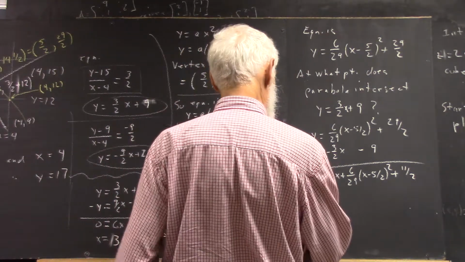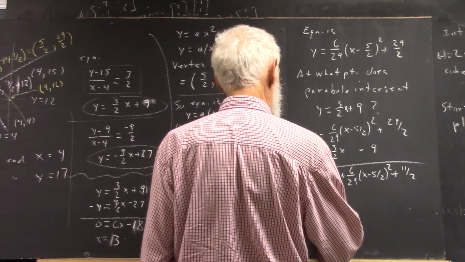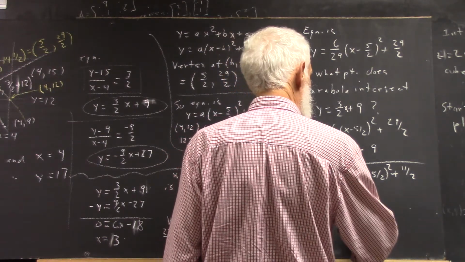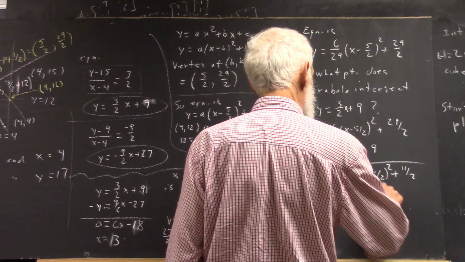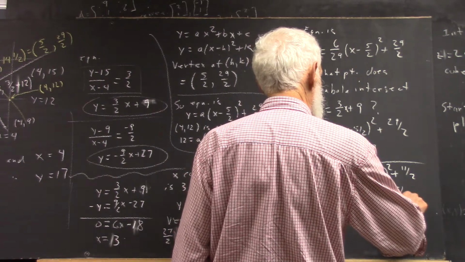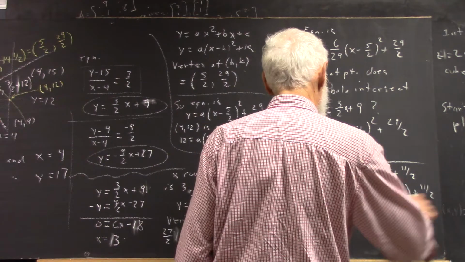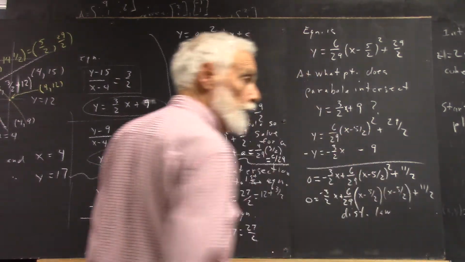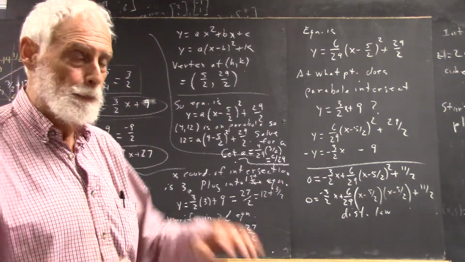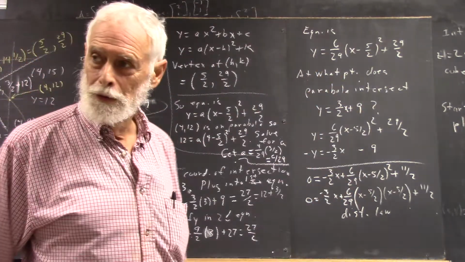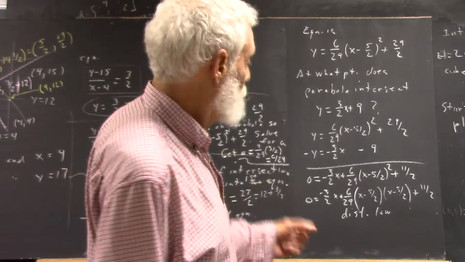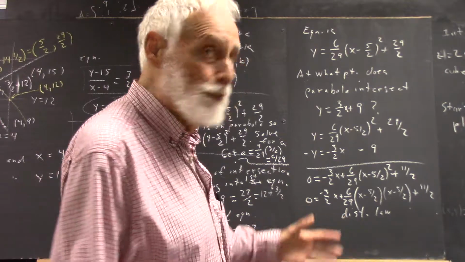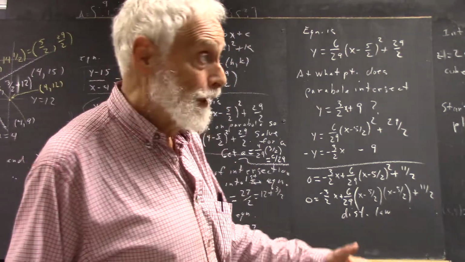Well, got time, doesn't take long. Negative 3/2 x plus 6/29 multiplied by x minus 5 halves times x minus 5 halves plus 11 halves. We use the distributive law, and incidentally, not everybody used the distributive law when I said to use it. People used lines and pictures and stuff that were equivalent to the distributive law, but very specifically, the distributive law, you write the thing out, okay, when I ask you to.